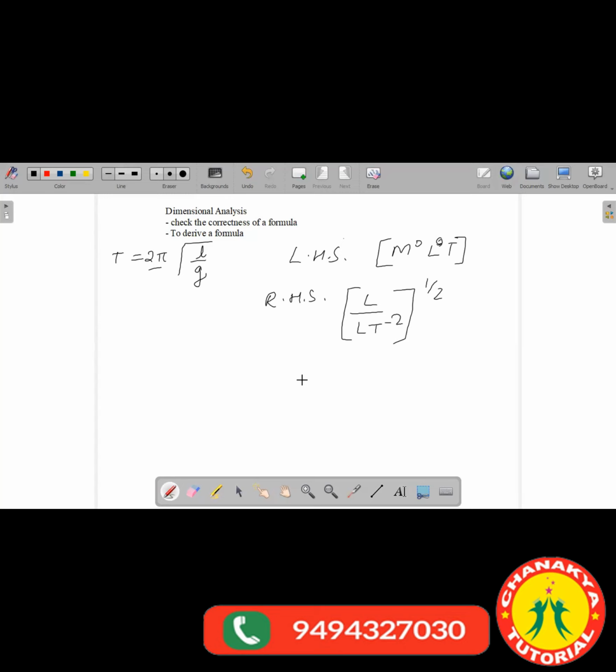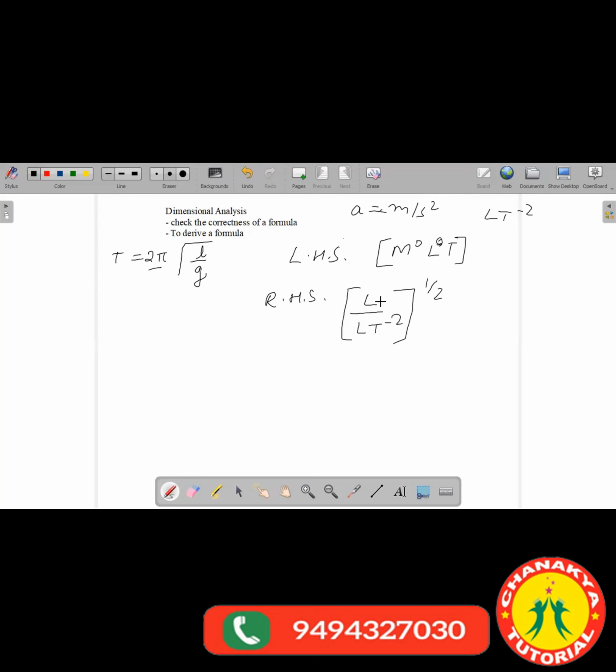Are you getting it? Any doubts here? We have just put here the dimensions of acceleration due to gravity. The units of acceleration are meter per second square and its dimensions are LT minus 2. So the same I have put here.